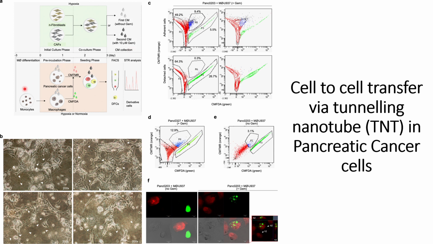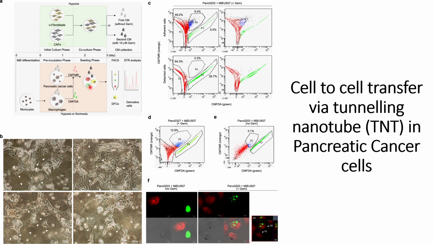In the second phase, in parallel, for the macrophages, they took the monocytes and differentiated them into macrophages and co-cultured them with the pancreatic cancer cells. The pancreatic cancer cells are labeled with red fluorescence, and macrophages are labeled with green fluorescence.